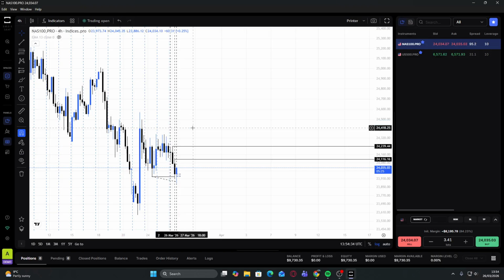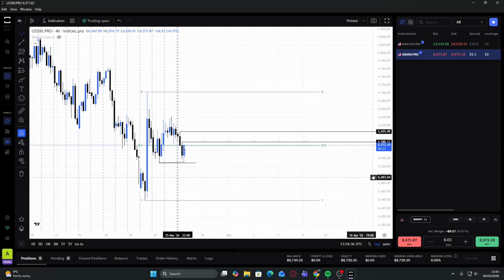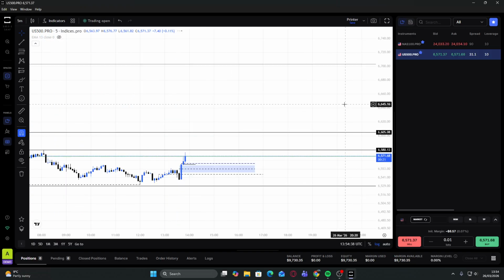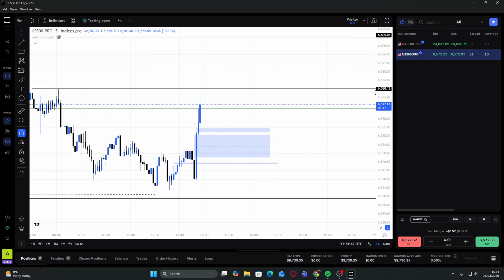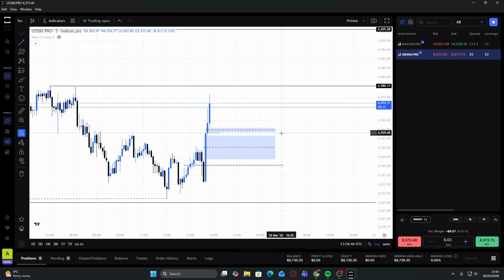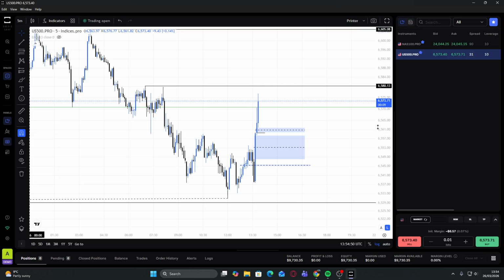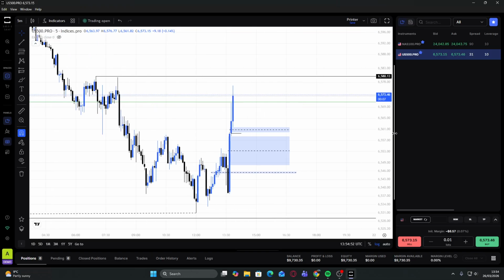Bunch of low resistance liquidity. We might be going up for those data highs even. We'll just wait patiently, get our entry trigger, get in for this, target the London highs.